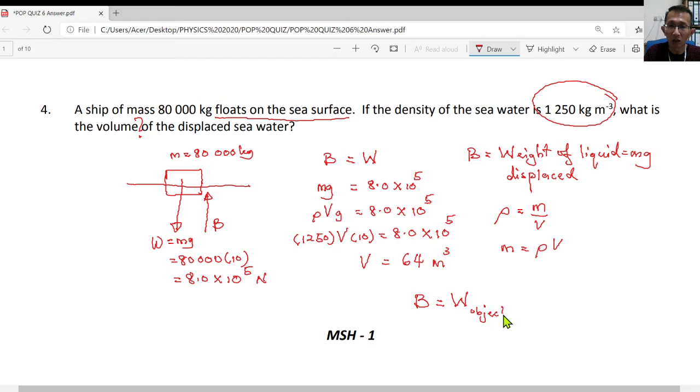Remember that this object is floating, not sinking and not going up, it just stays there floating. At the same time, this equals the weight of the liquid displaced. This is what we have been using in solving this question. Try to understand how we worked the question out.